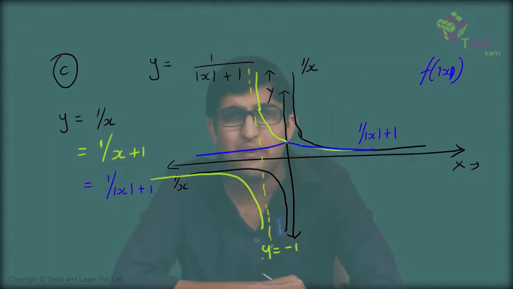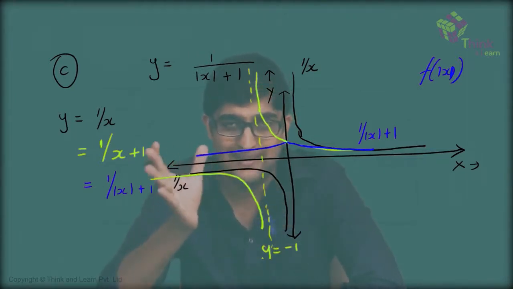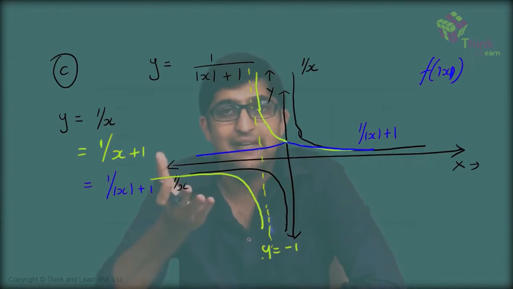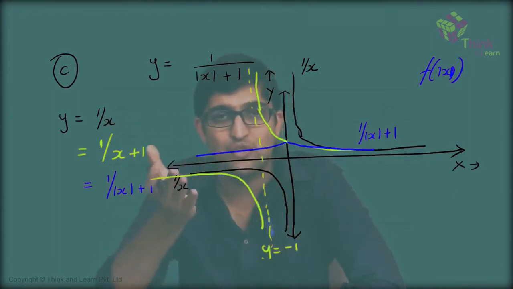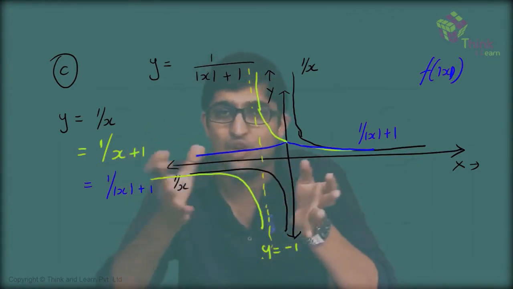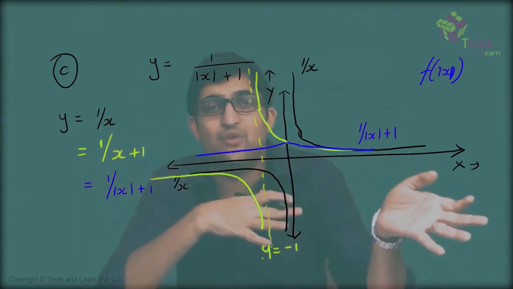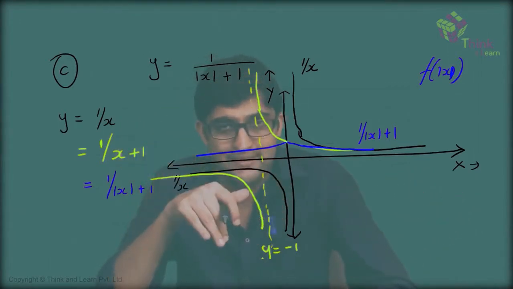So please remember the transformations and nothing else. What are the transformations I did? You add or subtract terms to x, it gets translated. Similarly to y, it gets translated, but the translation is about the y-axis. Earlier it was about the x-axis. Second, you multiply terms to y or x, the graph will shrink or expand. You multiply to y or divide to y, the graph will get magnified or miniaturized.